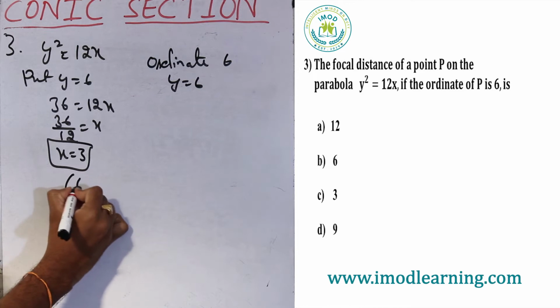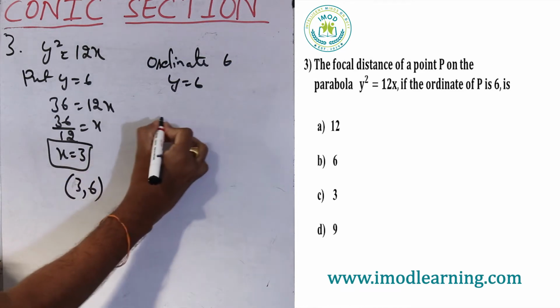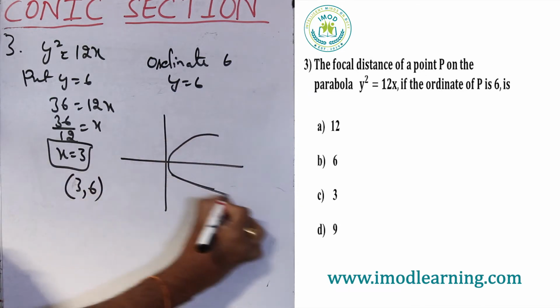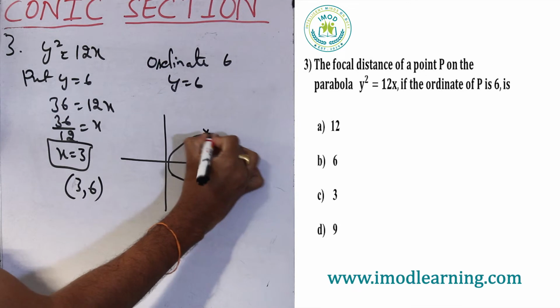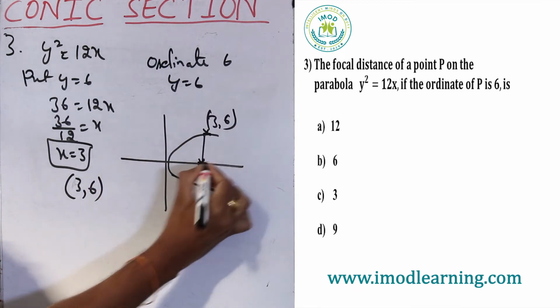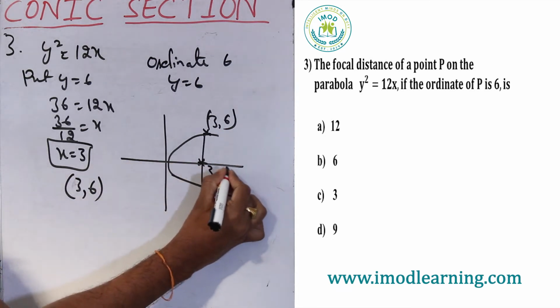So the point becomes 3, 6. We need the focal distance. For this parabola, the focus is 3, 0.